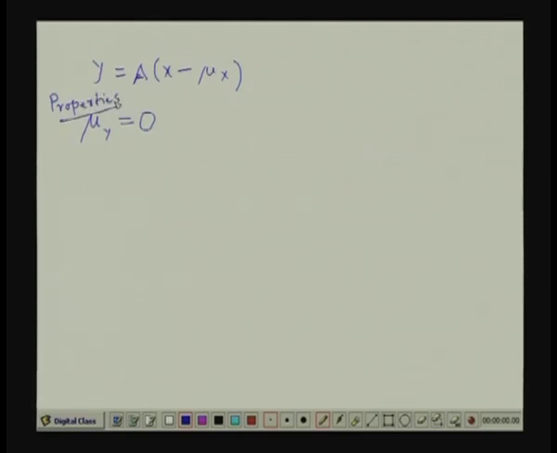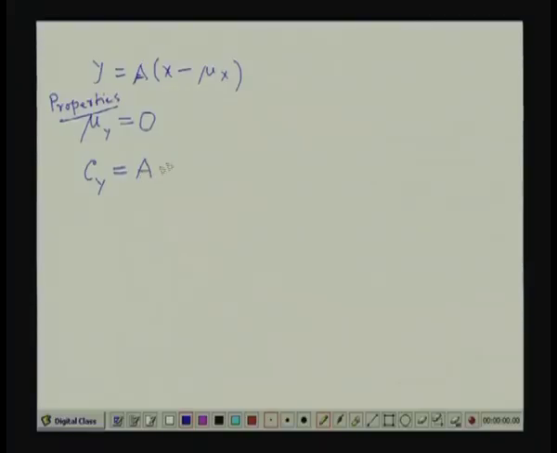So, the first property is the mean of vectors y, mu y, equal to 0. Similarly, the covariance matrix of y, given by Cy, is also obtained from Cx, the covariance matrix of x, and the transformation matrix A that we have generated.